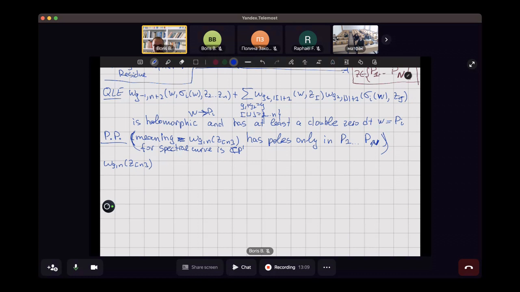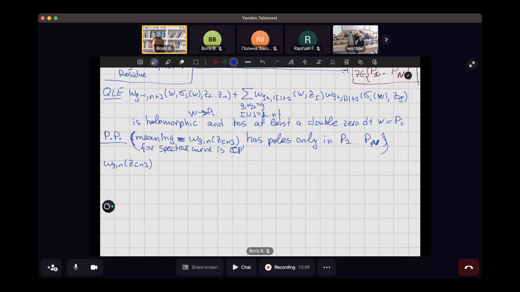So we have n variables, n residues, and integrals of omega 0,2 from p_{i1} to w1, etc., times omega 0,2 from p_{in} to wn dot zn, then times omega g,n of w.